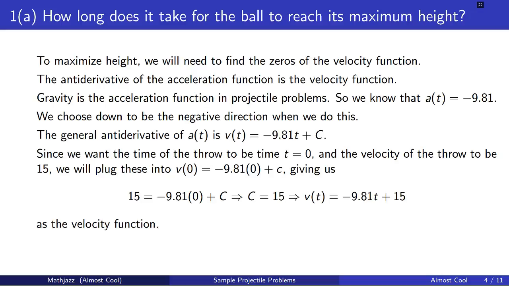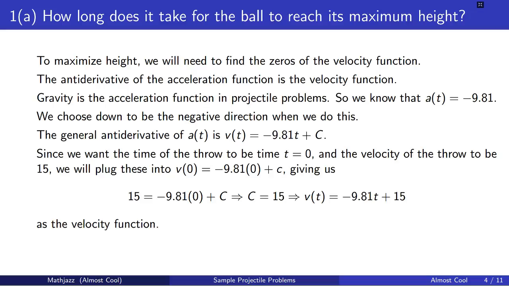If we had chosen up to be the negative direction, or if we had chosen time 0 to be somewhere other than the time of the throw, we would get a different value for c, and that different value for c would allow the answers at the very end of the computation to match up with the answers we get from making the choices we did.